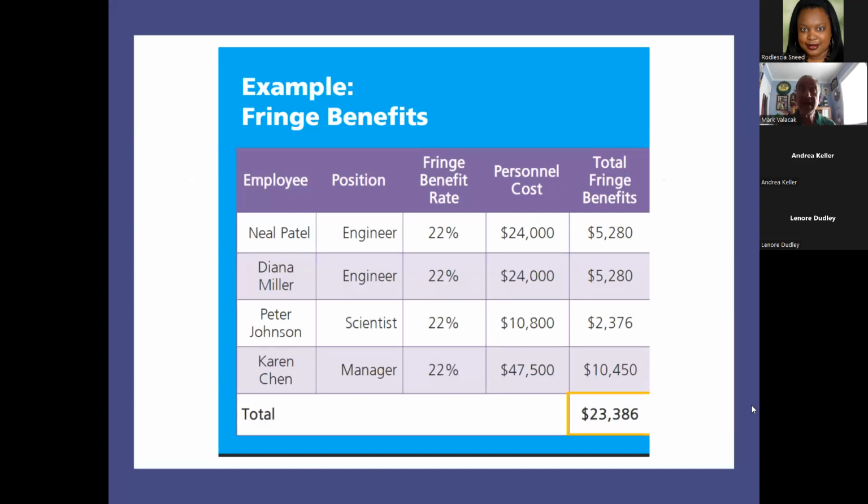So again, what is typically done is they add those all up and determine a percentage rate. So the percentage in this example is a 22% fringe benefit package rate. So you would multiply the 22% by the amount that they're paid, which would reflect an approximate cost for the fringe benefit package associated with that employee.